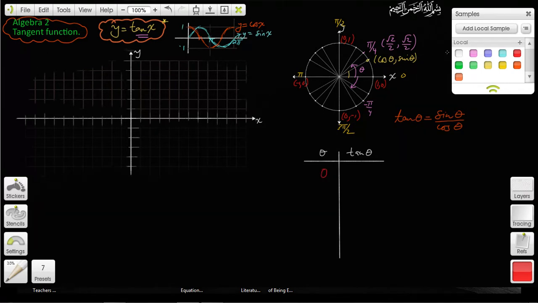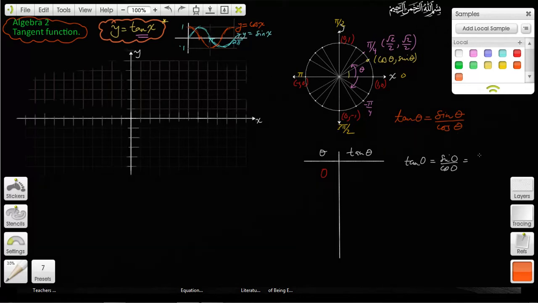Tangent of 0 degrees is going to be sine of 0 over cosine of 0 degrees, or in radians. Well, sine here is 0, because right here we're talking about this point.